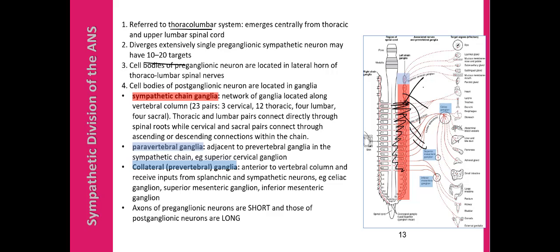And the cell bodies of the postganglionic neuron are located fairly close to the spinal cord in either the sympathetic chain ganglia over here or various paravertebral or prevertebral ganglia that are highlighted here in blue. In the sympathetic division, the axons of the preganglionic neuron are short, and the axons of the postganglionic neuron are long.